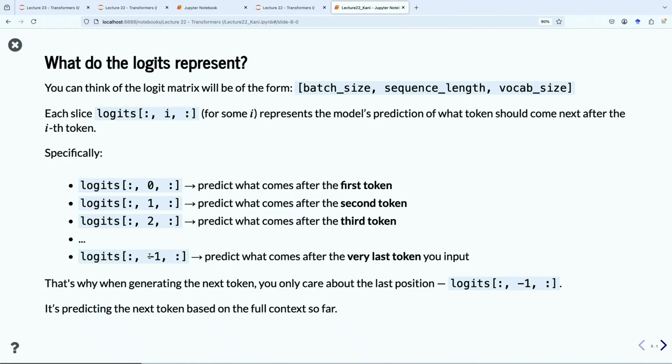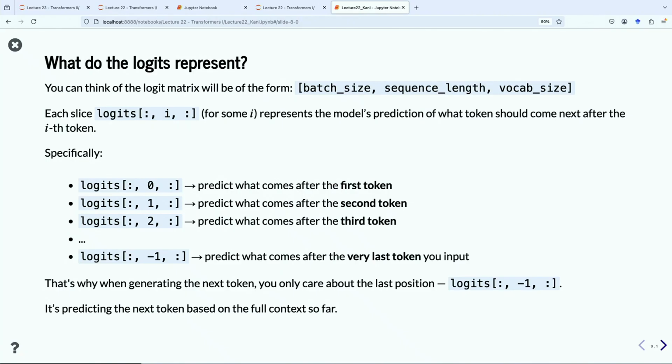So what the model outputs is a vector for each token. That vector contains a probability corresponding to each particular token in the vocab. The probability basically says how probable this vocab item is to come after this sequence item.